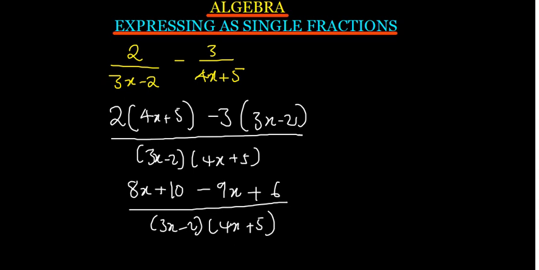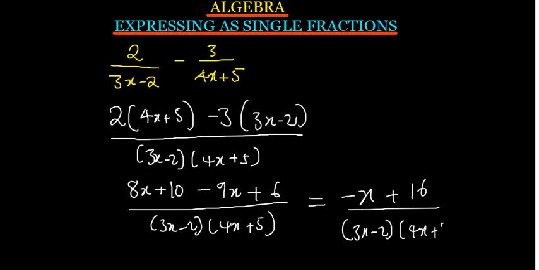So we are now going to add like terms from here. 8x minus 9x gives you a negative x. And then 10 plus 6 gives us 16. And in the denominator, we still have 3x minus 2 and then 4x plus 5.